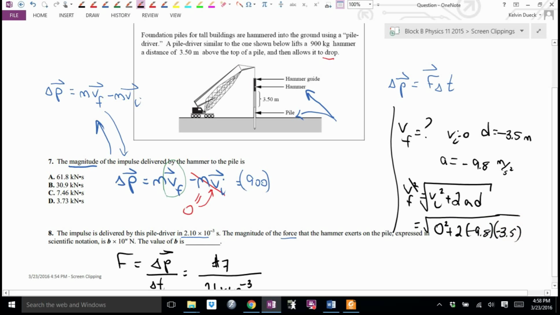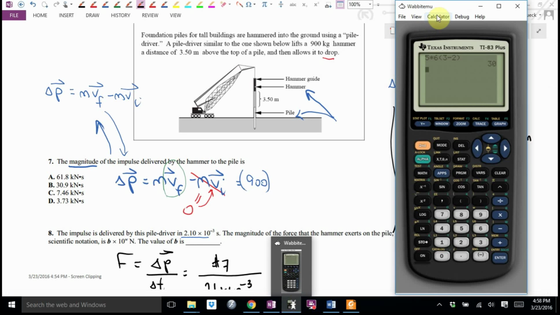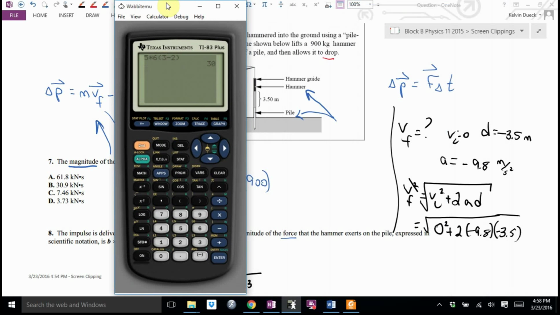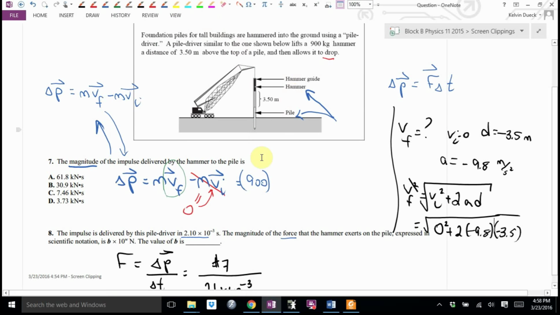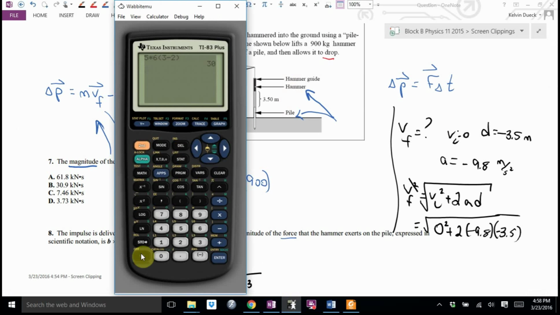And if I crunch the numbers, 0 squared, I'm going to ignore. 2 times negative 9.8 times negative 3.5, square root, I get 8.28.